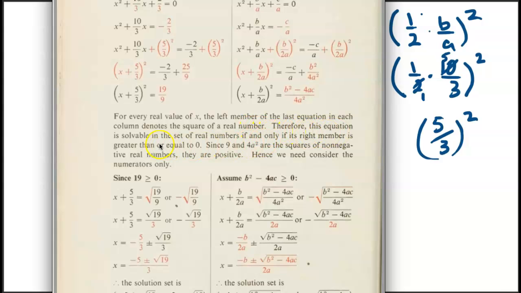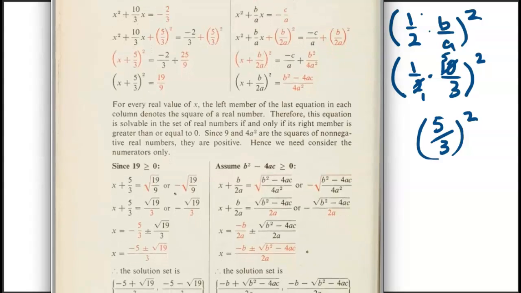Therefore, this equation is solvable in the set of real numbers if and only if its right member is greater than or equal to 0. Since 9 and 4a squared are the squares of non-negative real numbers, they are positive. Hence, we need consider the numerators only.